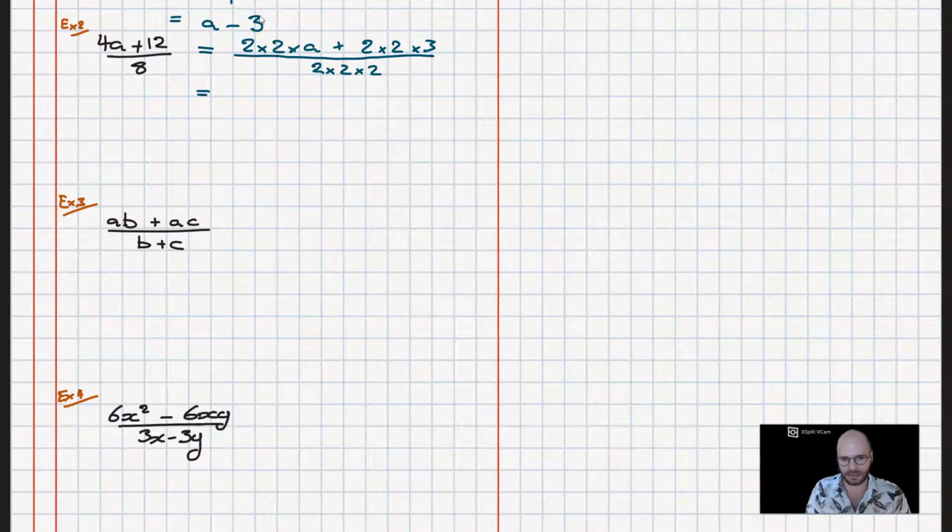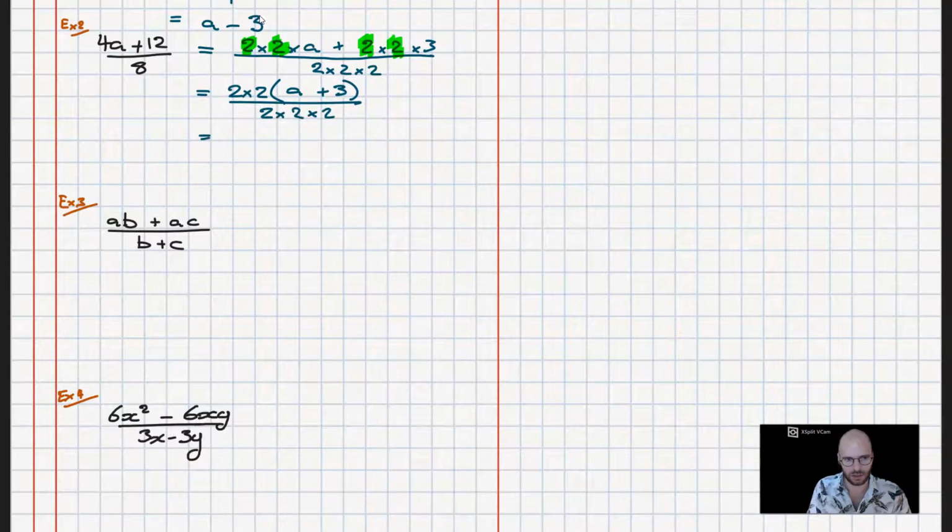Alright, factorizing the numerator. We have a common 2. So what we're going to get is 2 times 2, then what's left behind is a plus 3. Then downstairs we've still got the 2 times 2.